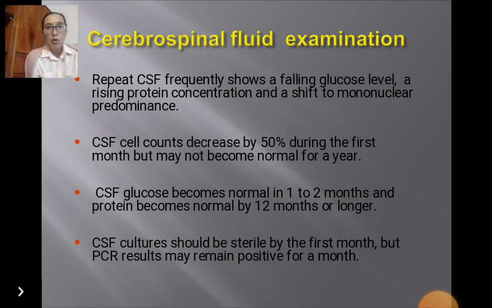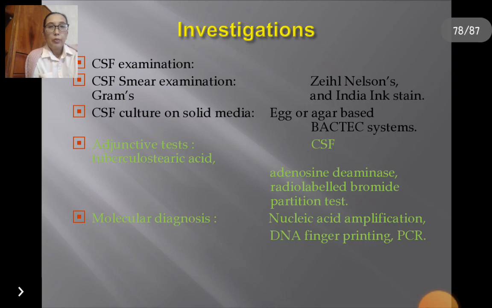It is necessary to make a cerebrospinal fluid examination: smear examination, Gram smear, culture on solid media, Ziehl-Neelsen and India ink stain, and the Bactec system.